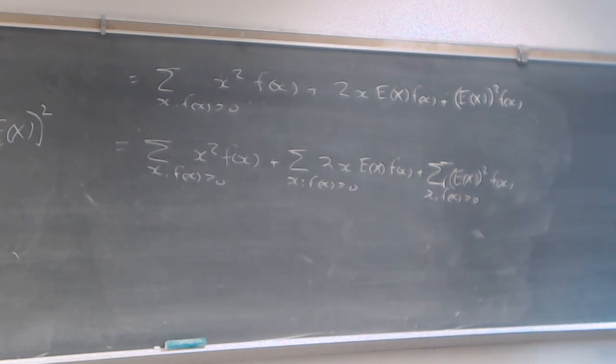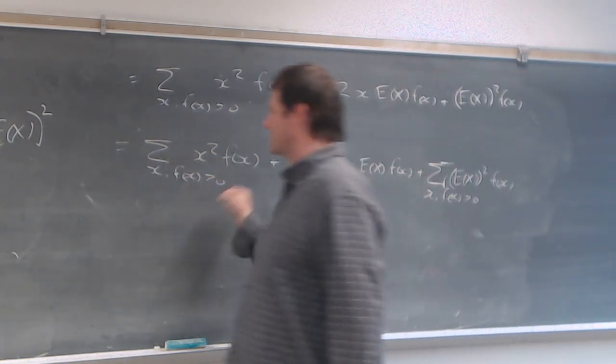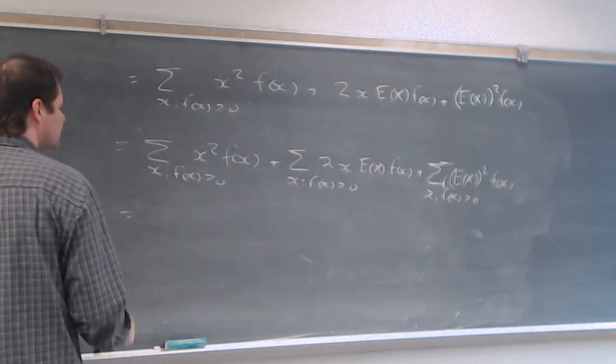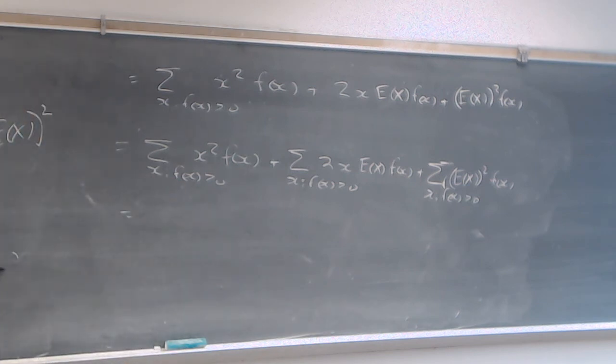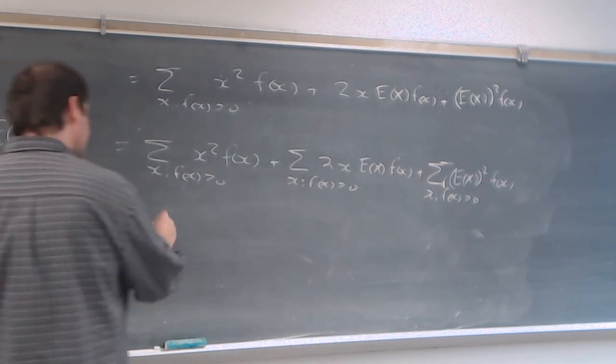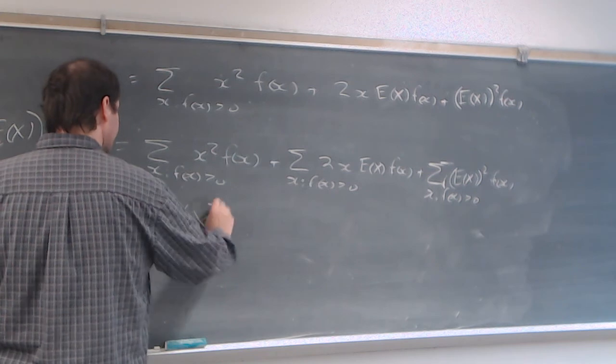Now the expected value of x is a constant, but let's worry about this first sum. This first sum, by our definition of the expected value of a function of x, is equal to the expected value of x squared.